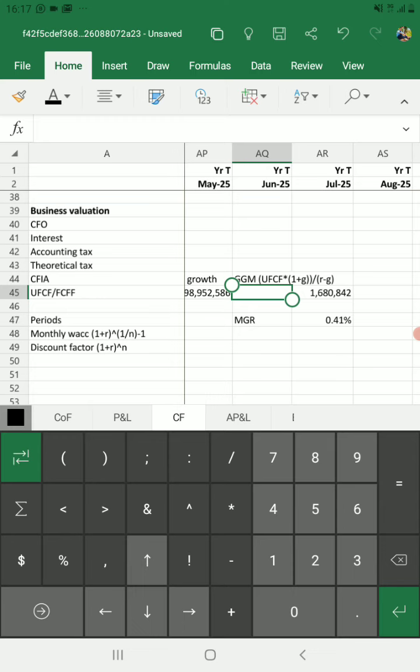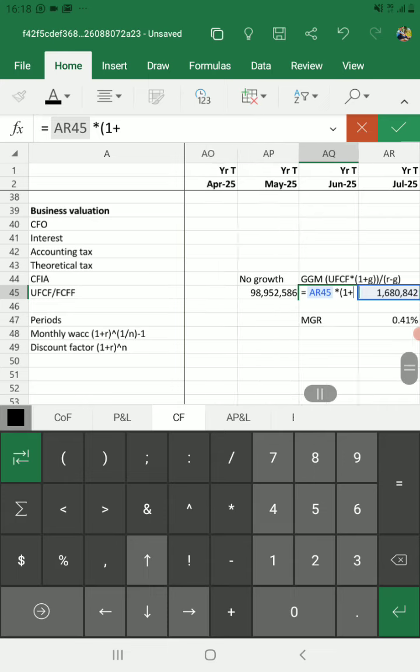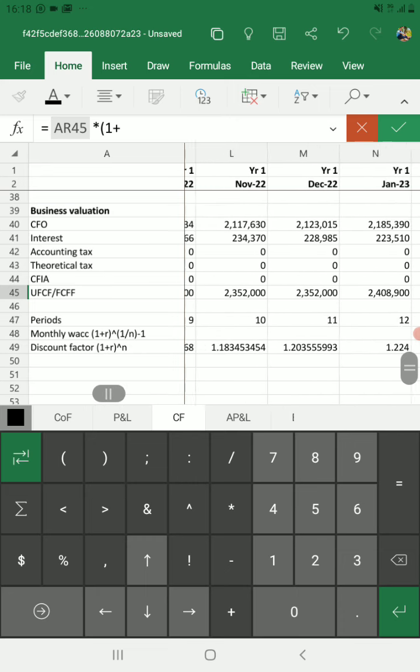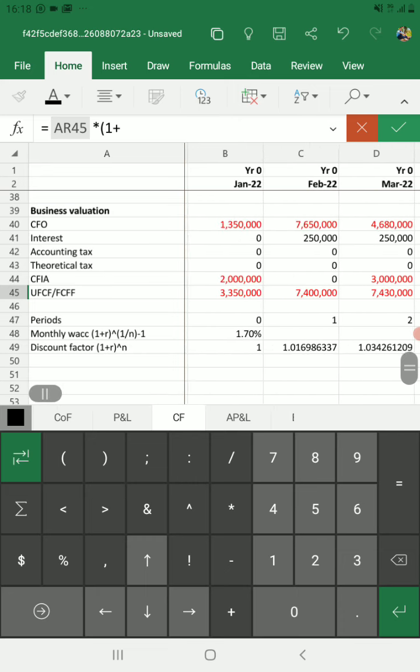for terminal value using Gordon growth model, we take this base for valuation, we computed average figure, and then we multiply it by, open the bracket, 1 plus growth rate, and in this case is our monthly rate, because we are dealing with monthly figures here.